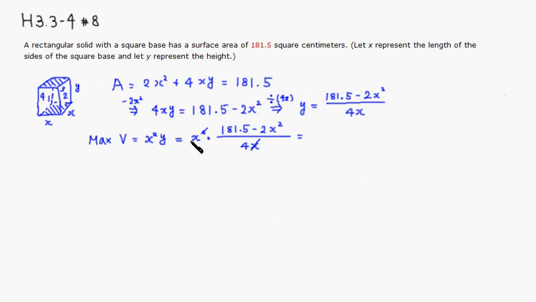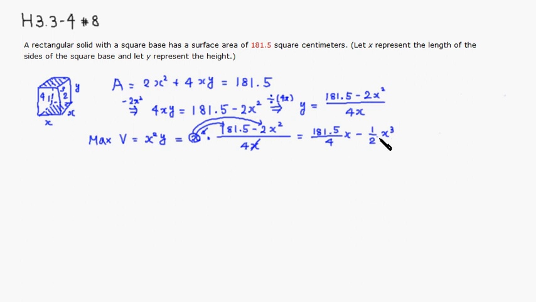So we're going to distribute x to the first term, which gives 181.5 over 4 x, right? Then distribute x to the second term, you get negative 2 over 4, which I'm going to write as 1/2, then you have x cubed.